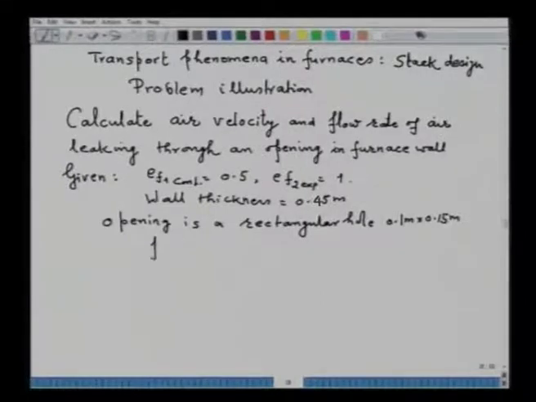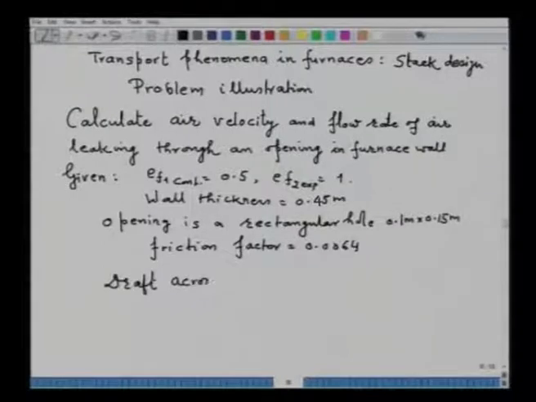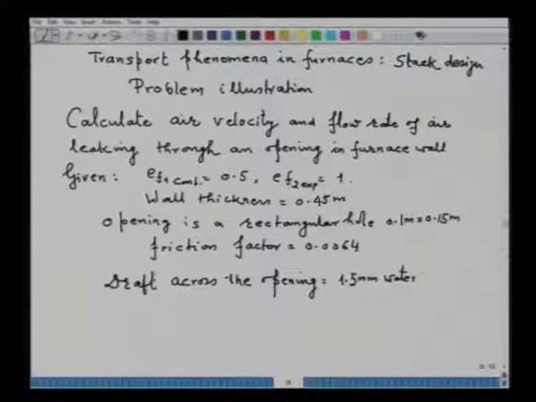Now, for easiness, take the friction factor equal to 0.0064, and the draft across the opening equal to 1.5 millimeter of water.